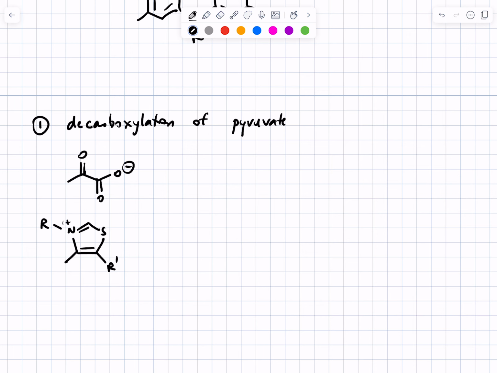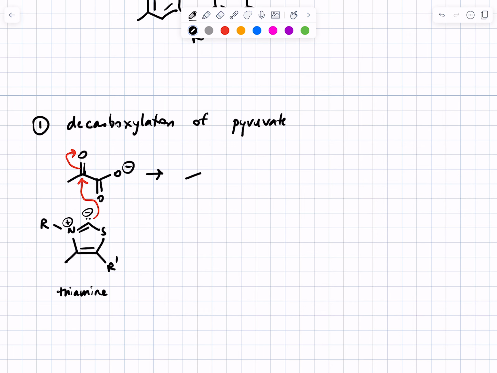The nitrogen has a positive formal charge, and then the adjacent carbon is deprotonated. So this thiamine is a decent nucleophile because it's got a negatively charged carbon. That nucleophile will attack the pi star on the ketone and generate a tetrahedral intermediate.